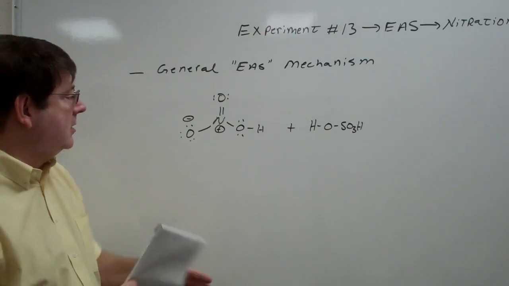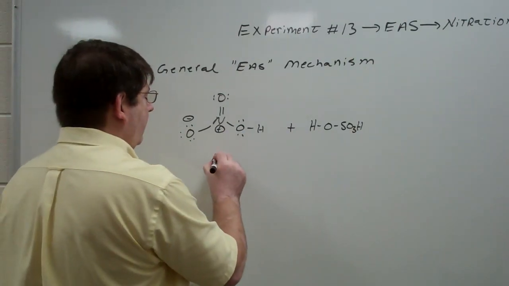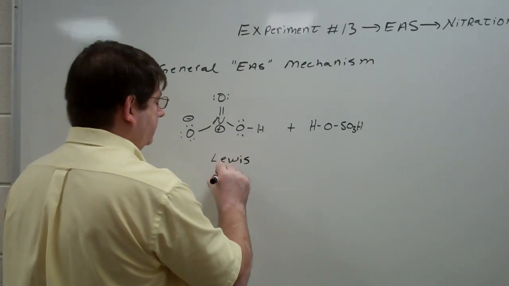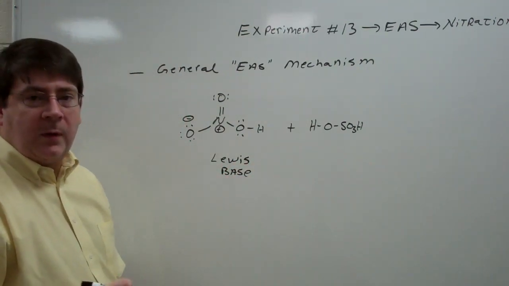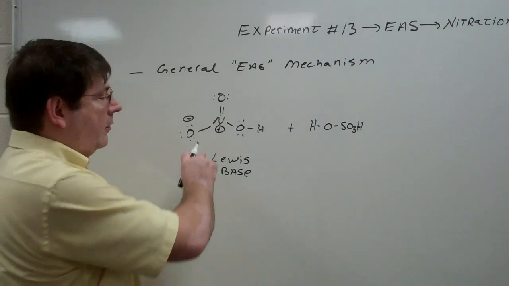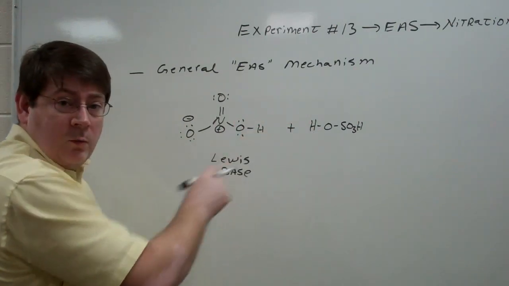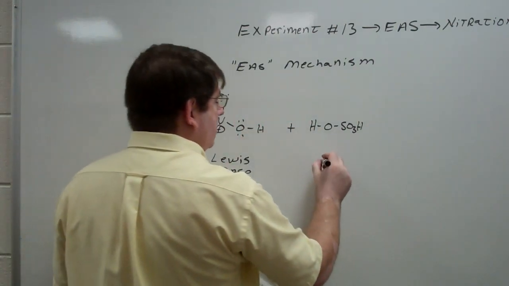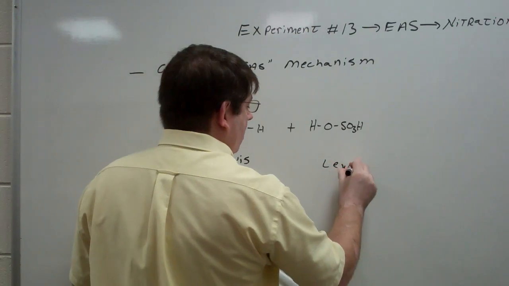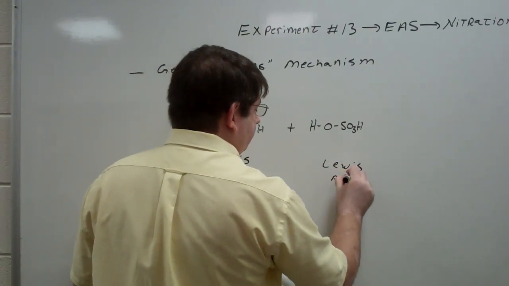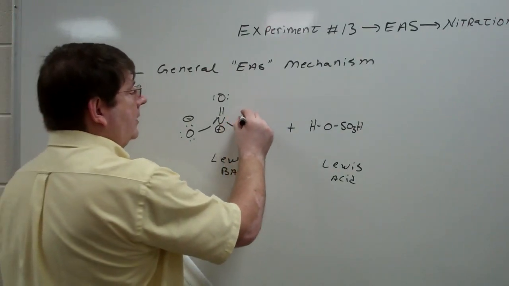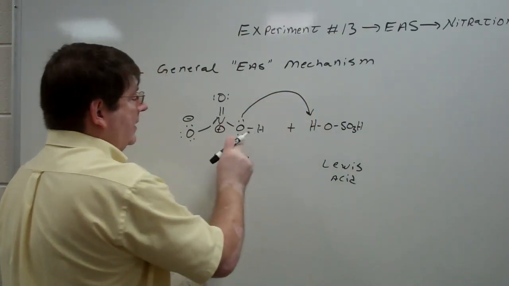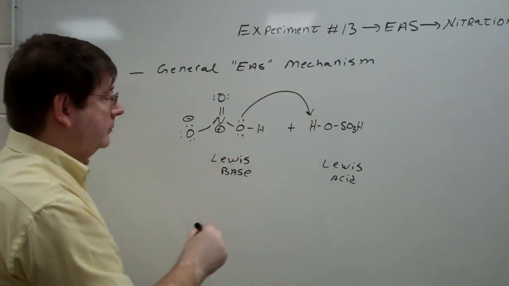So in this case, nitric acid is going to function as a Lewis base, which is a little counterintuitive to most people. It is an acid after all. However, we have to compare them to one another. And so the sulfuric acid is going to be our Lewis acid. And what happens is we protonate the nitric acid at the oxygen bearing the hydrogen.